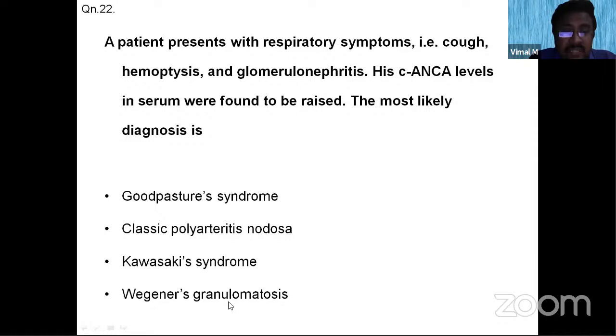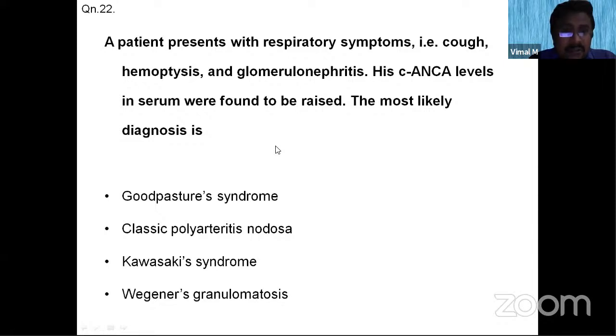Goodpasture syndrome and Wegener's granulomatosis can both have respiratory symptoms and glomerulonephritis, but polyarteritis nodosa and Kawasaki syndrome are ruled out. The exam paper setter has given one more clue: C-ANCA levels in the serum were raised. Yesterday we saw what ANCA is: anti-neutrophilic cytoplasmic antibodies, in the cytoplasm and against the neutrophilic granules. It is C-ANCA.